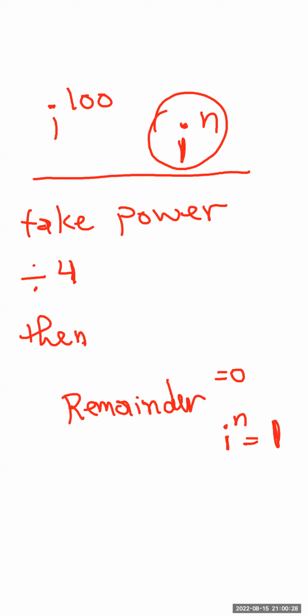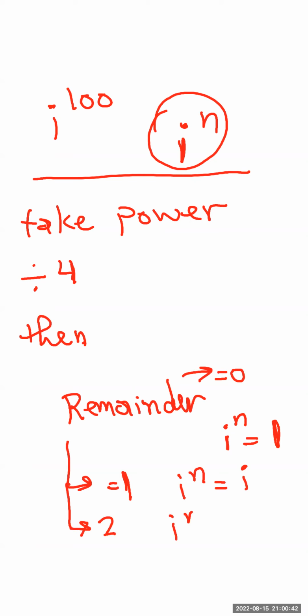If the remainder equals 1, then i to the power n will equal i. If the remainder equals 2, then i to the power n will equal -1. If the remainder equals 3, then i to the power n will equal -i. Actually, this is a very important rule.